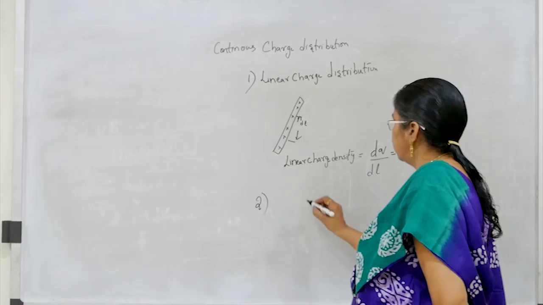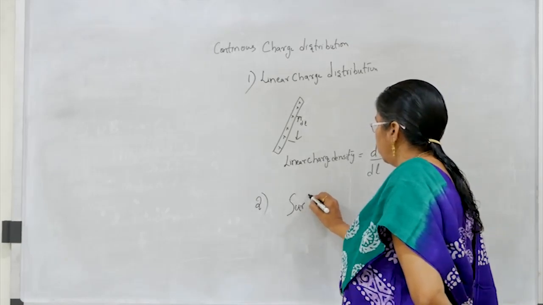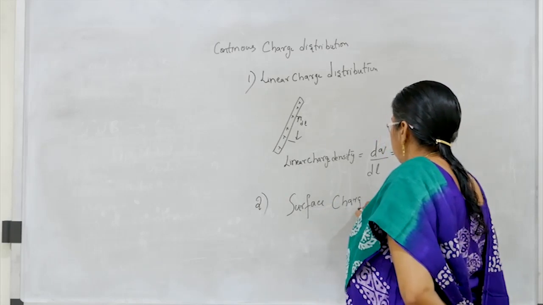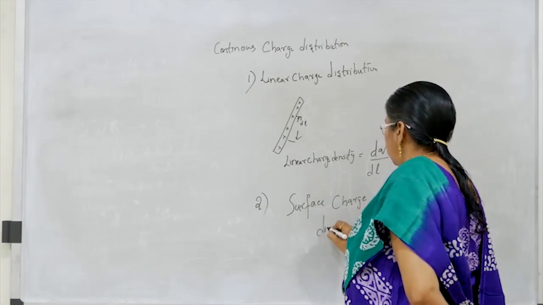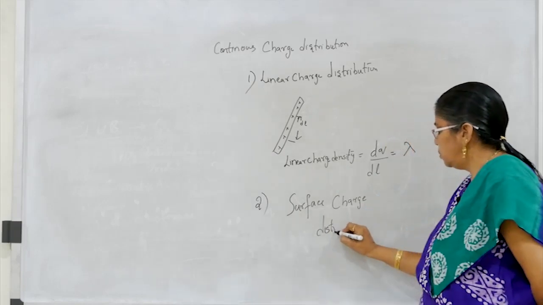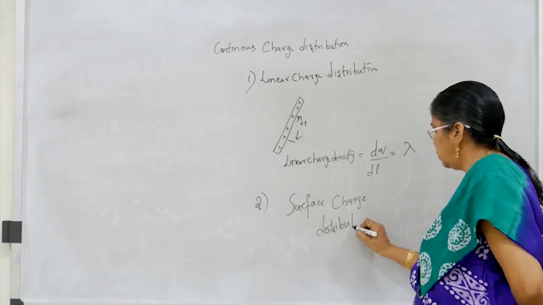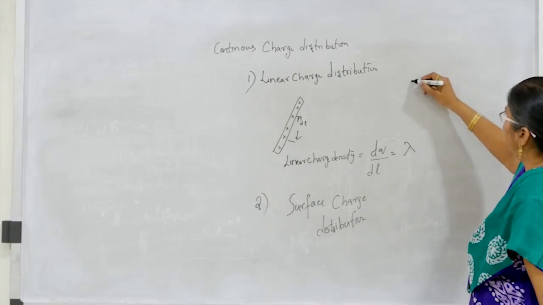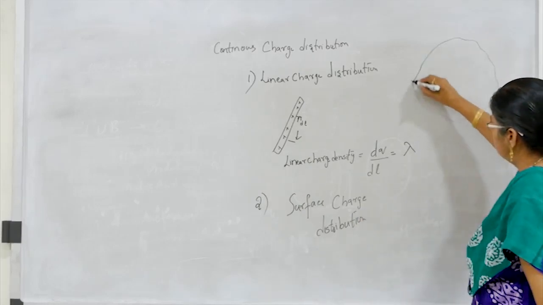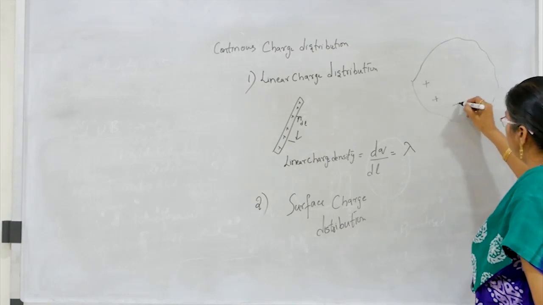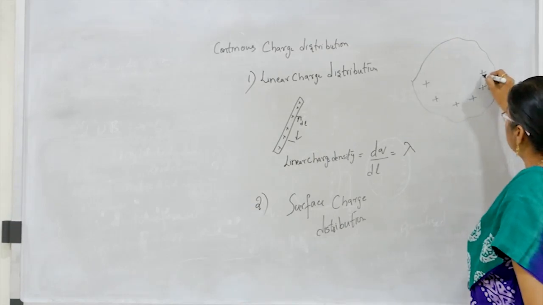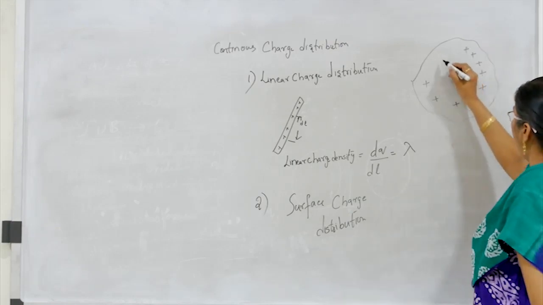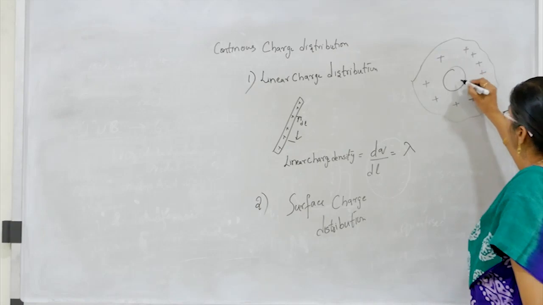Second one is surface charge distribution. In this, suppose I take any surface that is positively charged, and in this I take a small area dA.